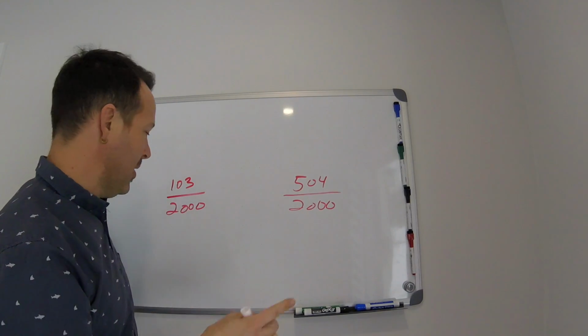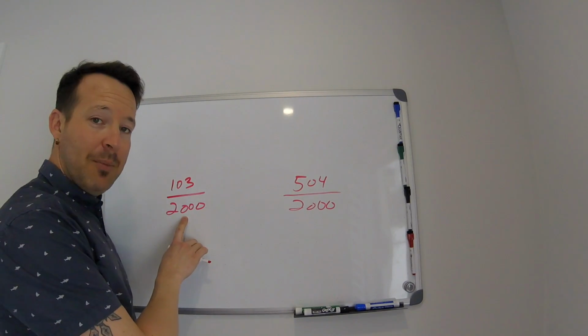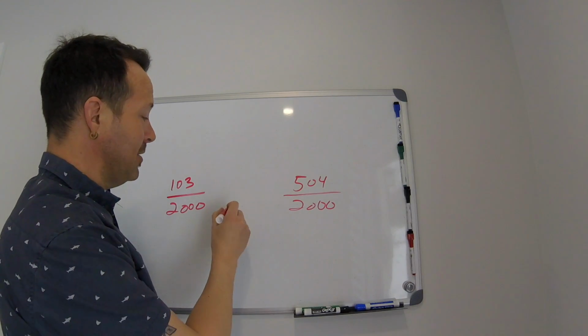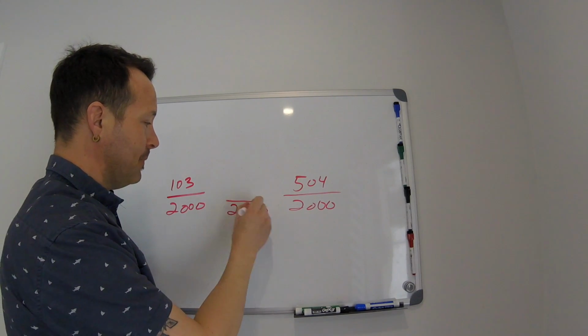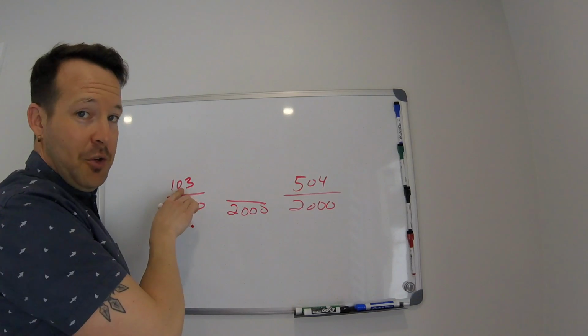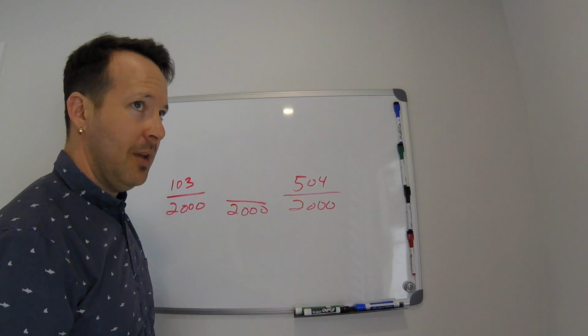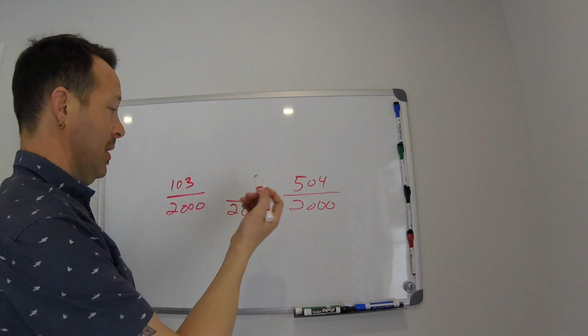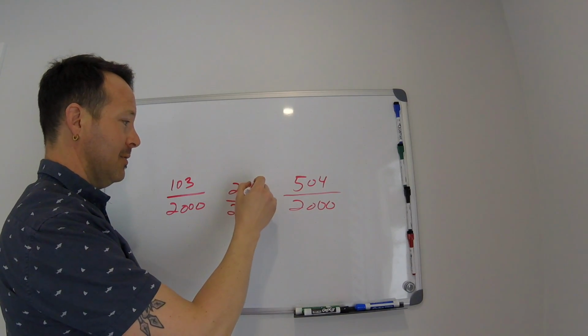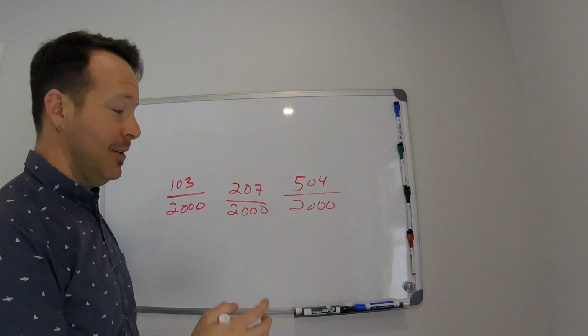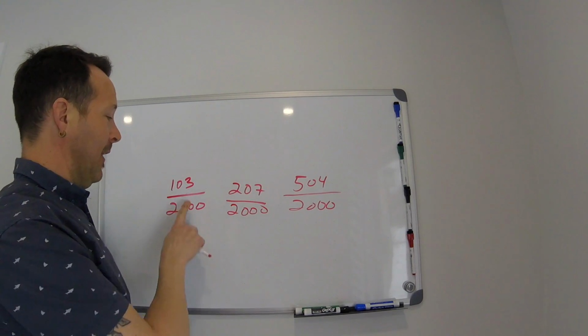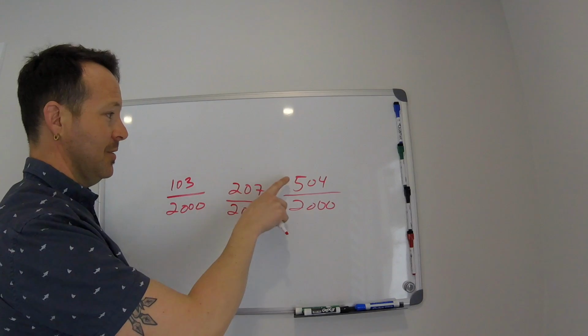I just did this in my brain right as we did it. But remember, we know our denominator is going to be 2,000. And we know our numerator will be between 103 and 504. You have a ton of numbers to pick from. Let's go 207. Correct. 207 over 2,000 is between these two fractions.